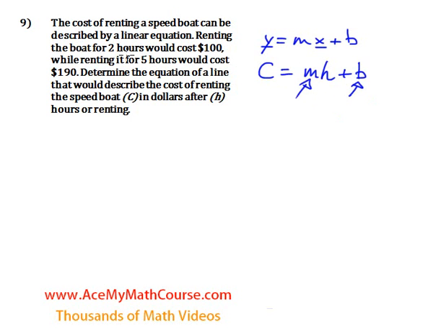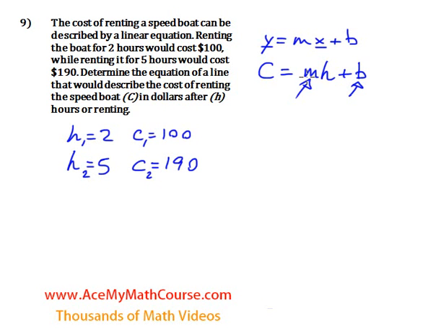So now let's use this information here. Renting the boat for 2 hours, so if H is 2, the cost is 100. But if H is 5, so if you rent the boat for 5 hours, the cost is 190. So I'm going to say that this is H1 C1, H2 C2.